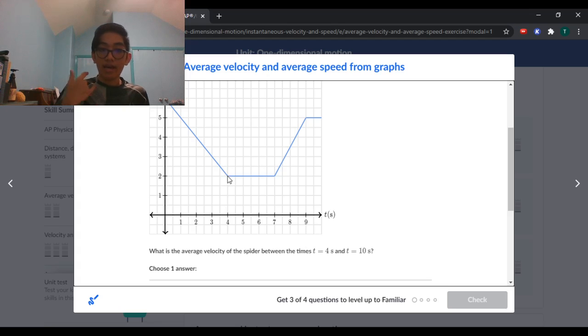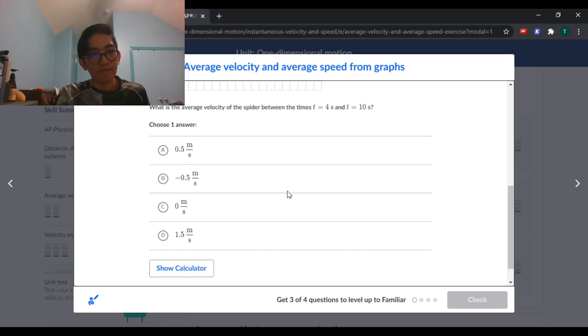So remember, the average velocity, think about the formula, is displacement over time, right? Our final position is 5, our initial position is 2. So 5 minus 2, which is 3. Then over how many seconds have passed? From 4 seconds to 10 seconds, 6 seconds has passed. Therefore, the average velocity is 0.5 meters per second.